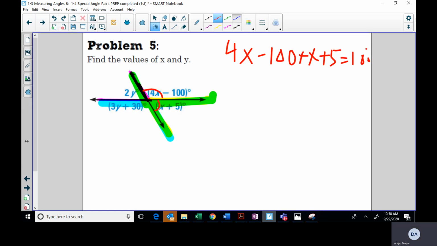To solve for x, I will combine the like terms together. 5x minus 100 plus 5. Negative 100 plus 5 will be negative 95. 5x minus 95 is equal to 180.